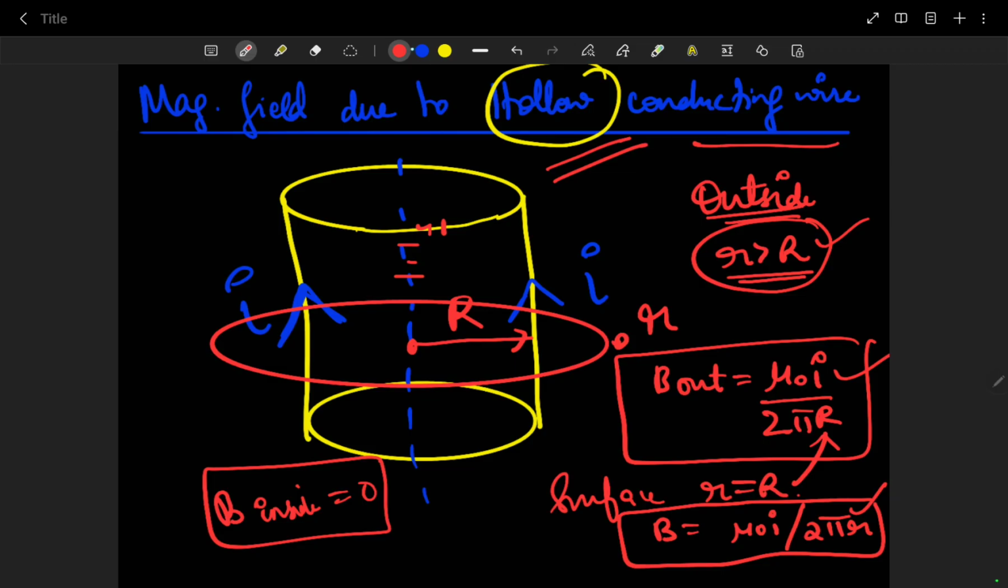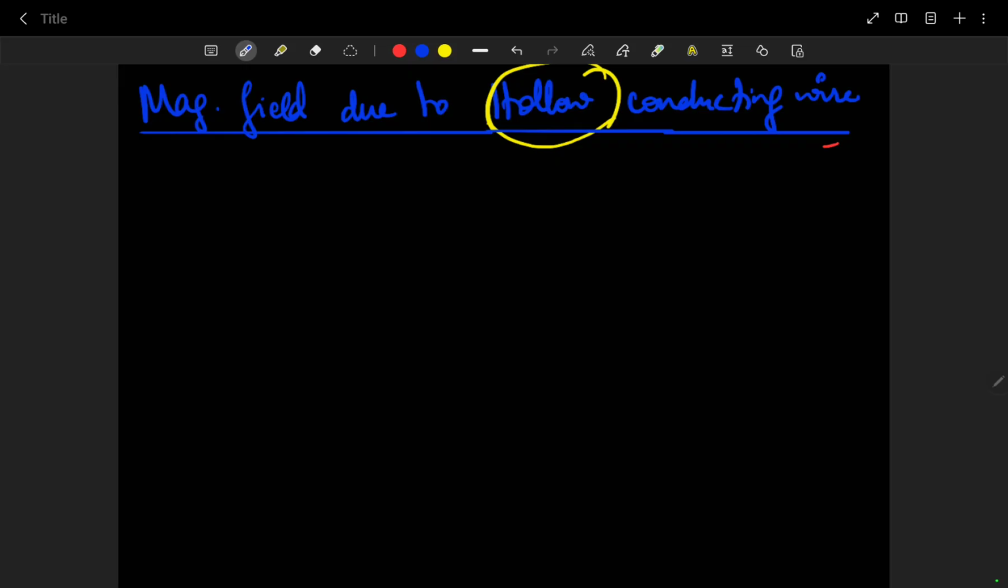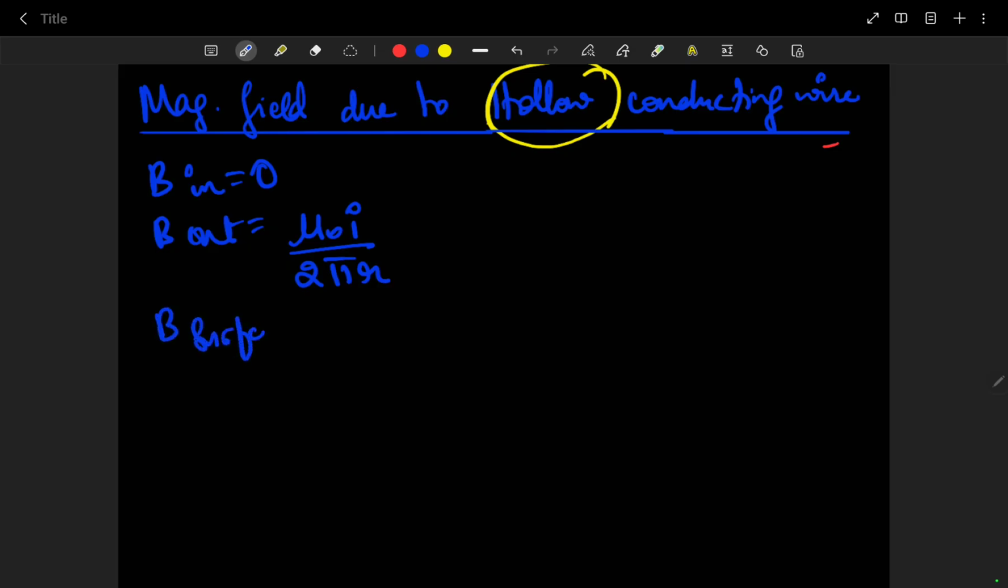These are the three cases we have to extensively discuss: 1, 2, and 3. Now I will write them in a simpler format. B inside is 0, B outside is μ0 I by 2π r, B surface will be μ0 I by 2π R. These are the three cases we have discussed.